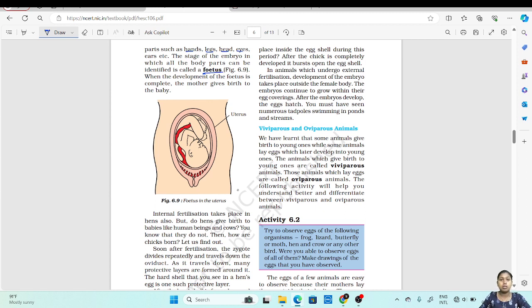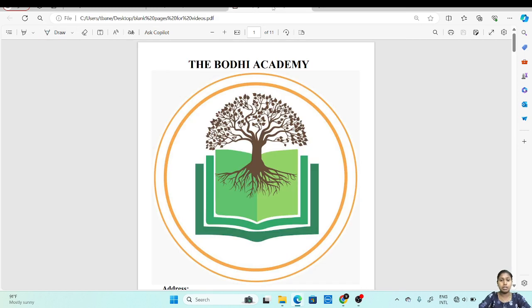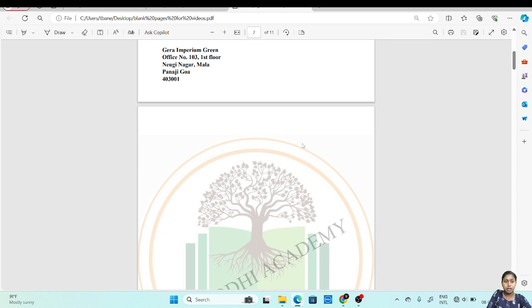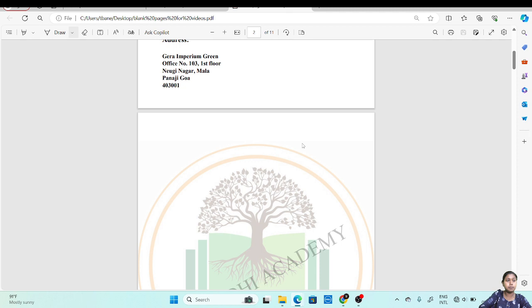So this is how development of embryo takes place. How does it develop? First fertilization takes place.